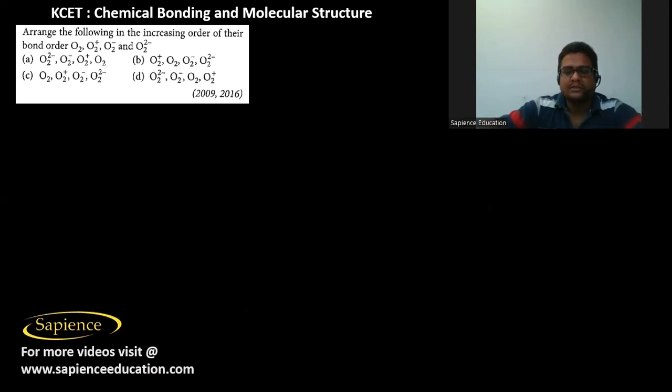Then it is told to arrange the following in the increasing order of their bond order. So the O2 oxygen molecule will have 16 electrons.